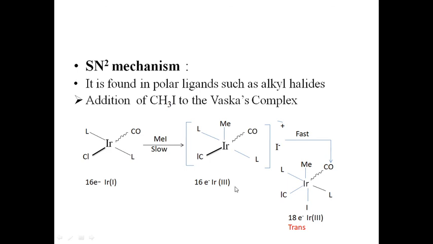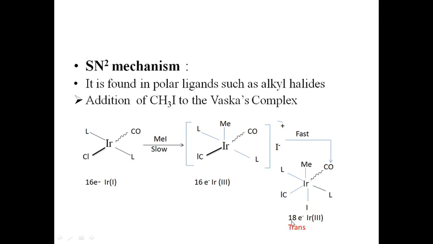After this step, we add this iodide from the trans site and we get this complex. Because we add this iodide from the trans side, we get a trans product.